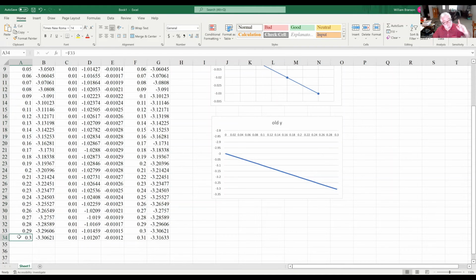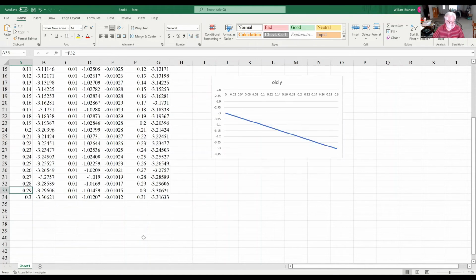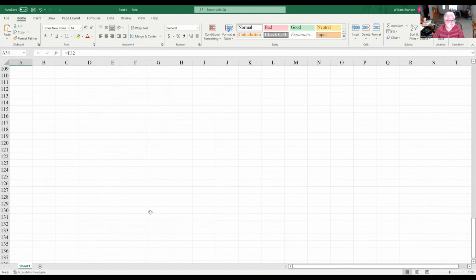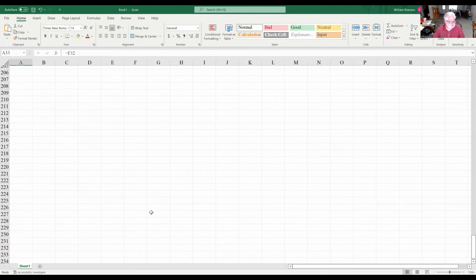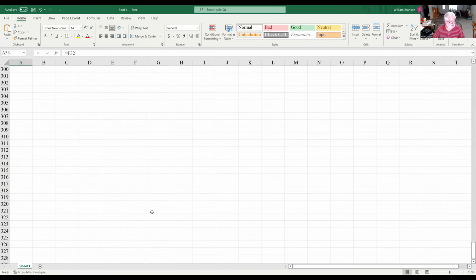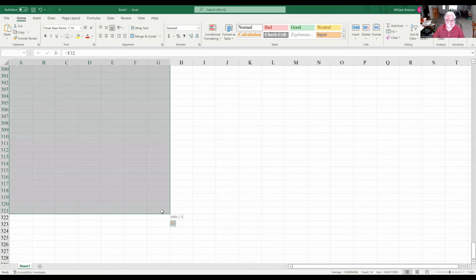So if we want to go from 0 to 3 in step size of 0.01, we're going to need 300 of these. And so it's going to involve a lot of scrolling. We'll pick one, we'll go down to 300. Click here, and then Control D.